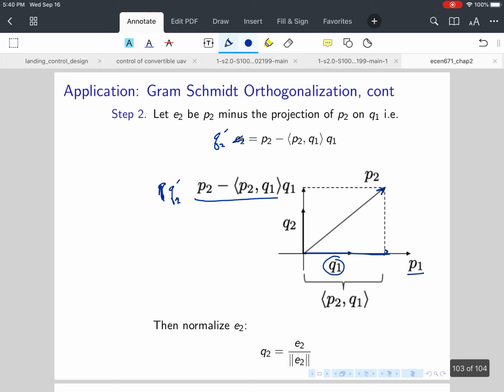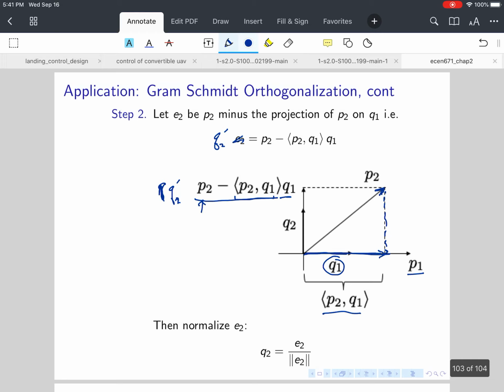What this vector is, we're going to take P2, and we're going to subtract from it the inner product of P2 with Q1, in the direction of Q1.